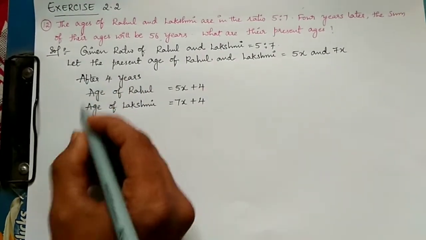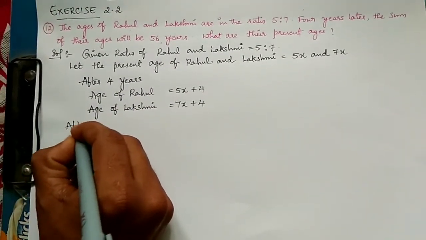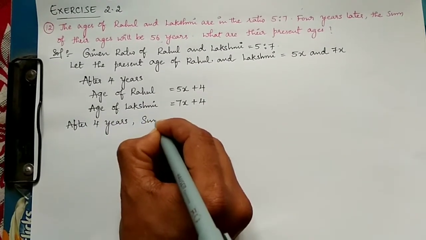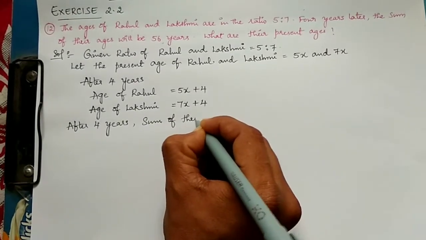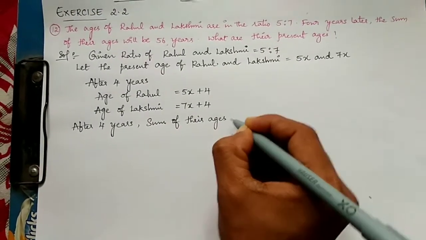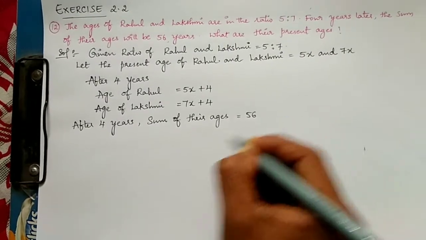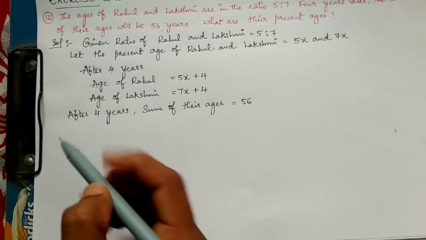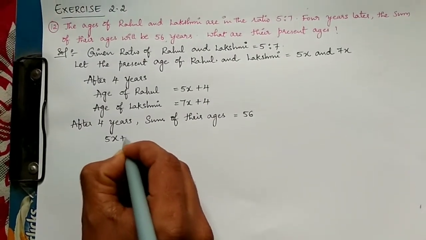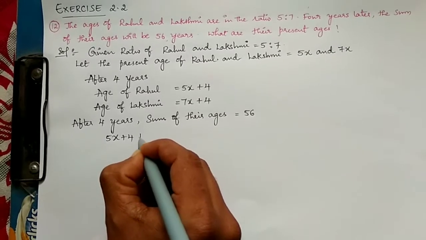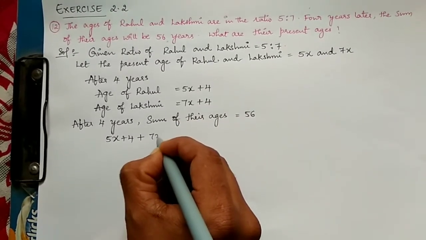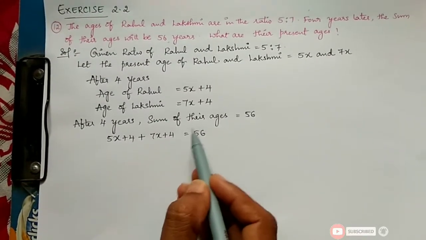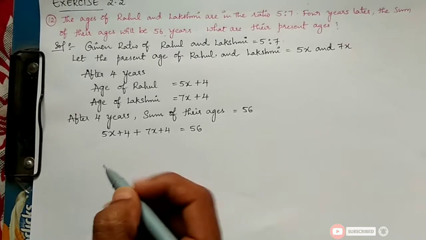So the sum of their ages after 4 years is how much? 56. So 5x plus 4 plus 7x plus 4 is equal to 56, because the sum of their ages is 56 after 4 years.